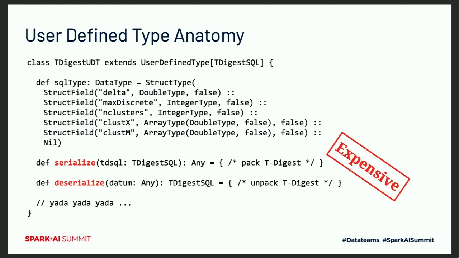And the key takeaway from this is that packing and unpacking these structures is generally an expensive operation. And in particular, for T-digest structures, it's quite expensive. The T-digest is a fairly structured data type, and it costs some real compute to pack and unpack this from an aggregation buffer.